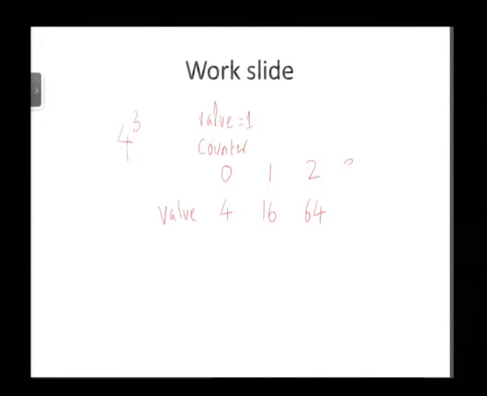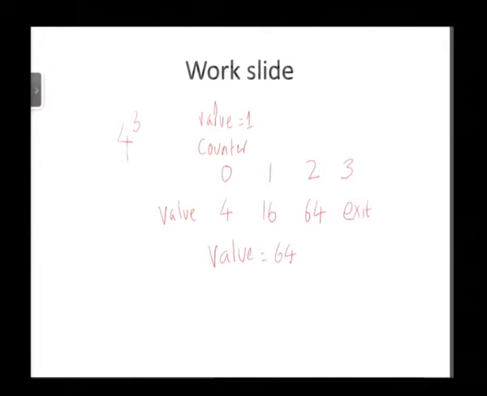At the end of this, counter becomes 3, control exits from the loop and the final value is returned, and that is 64. Right.